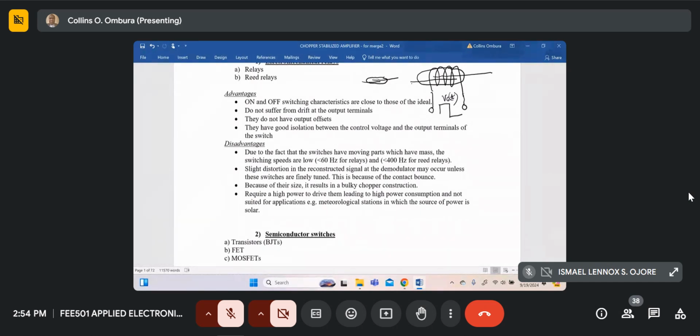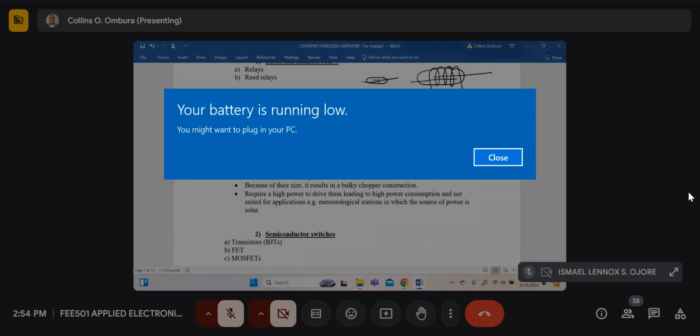Also, there is slight distortion in the reconstructed signal at the demodulator, because unless the switches are finely tuned, they give rise to distortion at the output due to contact bounce, because when the switch closes, due to the mass of the, especially the heavy switches, the normal relays, because of the inertia of the contacts and the weights associated with the part of the contact, there tends to be contact bounce.